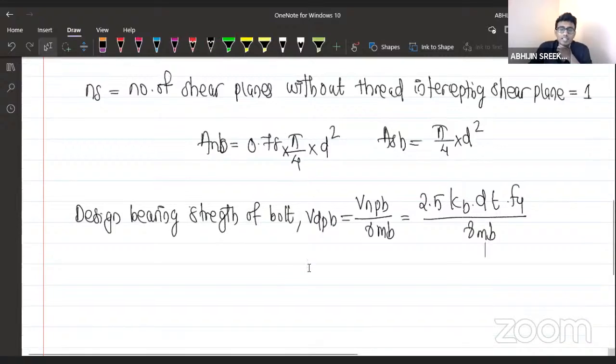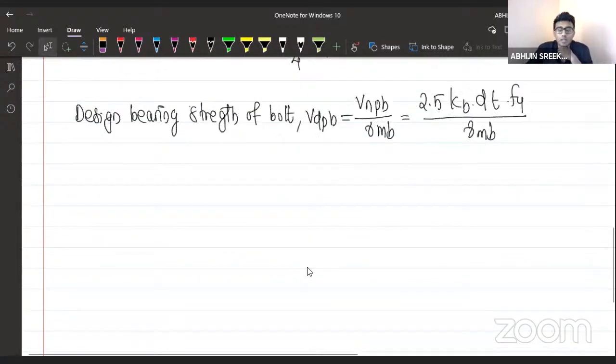What are the details given there? Kb value. How to calculate the kb value? The kb value in this question is given as 0.5. But what if it is not given? Exactly, yes, how to calculate the kb value if it is not given?